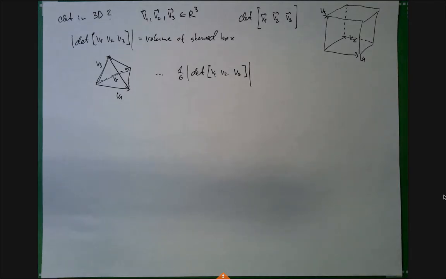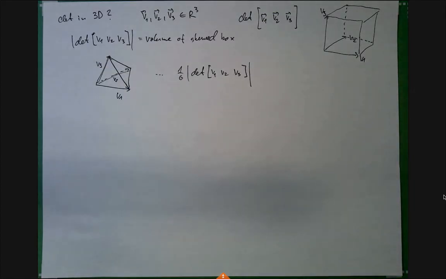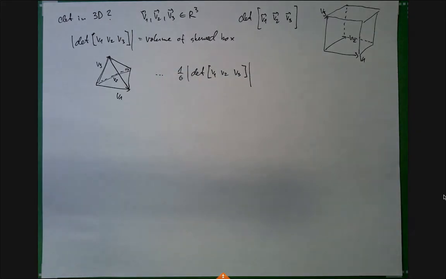You can chop the cube into 6 tetrahedrons of equal volume. Just like in the triangle case, we had to chop it in two. That's sort of obvious, right? If you split it, you get a triangle. In 3D, it's a little bit more tricky, but it's still true. 1/6 is the volume of a tetrahedron.